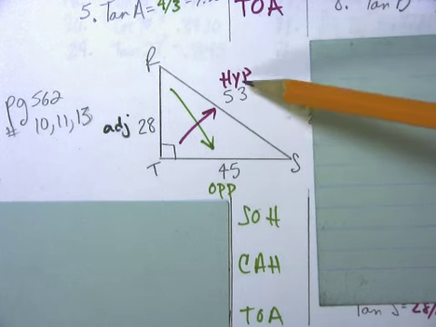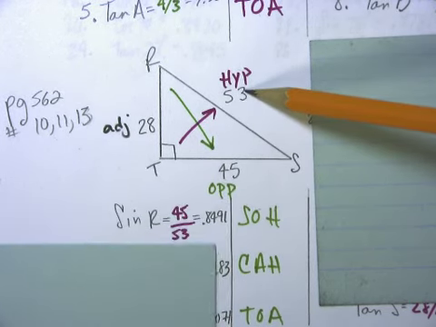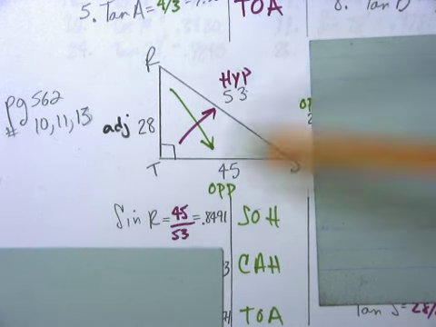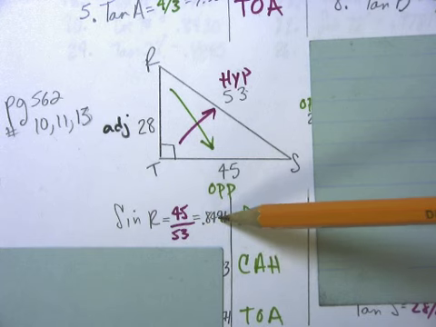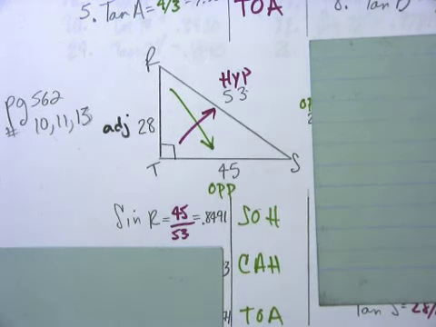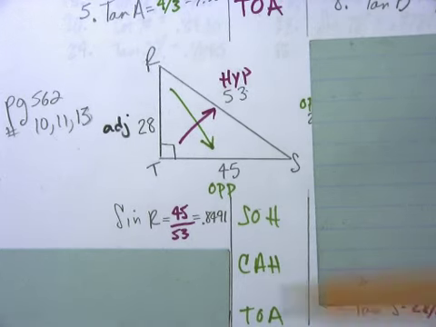So the sine function of angle R is the opposite over the hypotenuse. The opposite is 45 and my hypotenuse is 53, so the sine is 45 over 53, which is 0.8491. Let's do the cosine function.